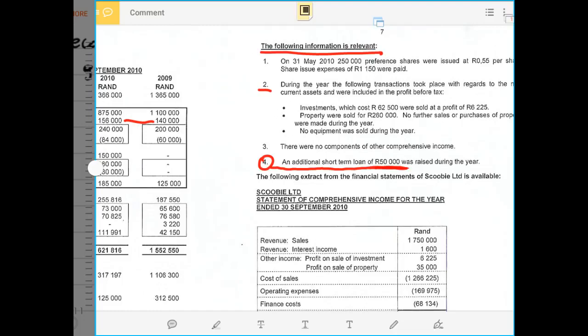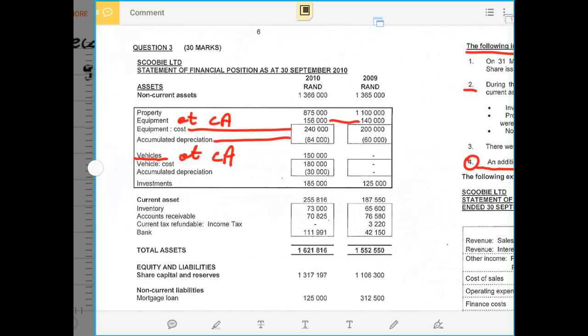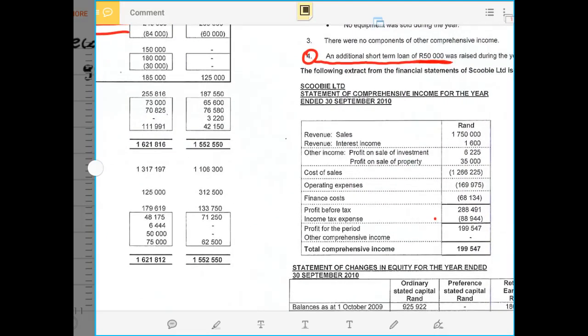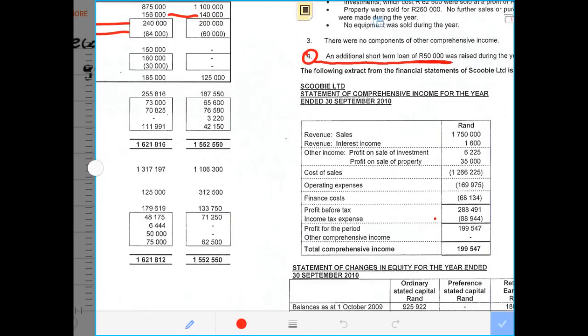So now, after we have read all that, we can go straight and start doing our reconciliation of profit before tax with cash generated from operations. And we know that to do the reconciliation, if you look below additional information number 4, we are given the income statement.